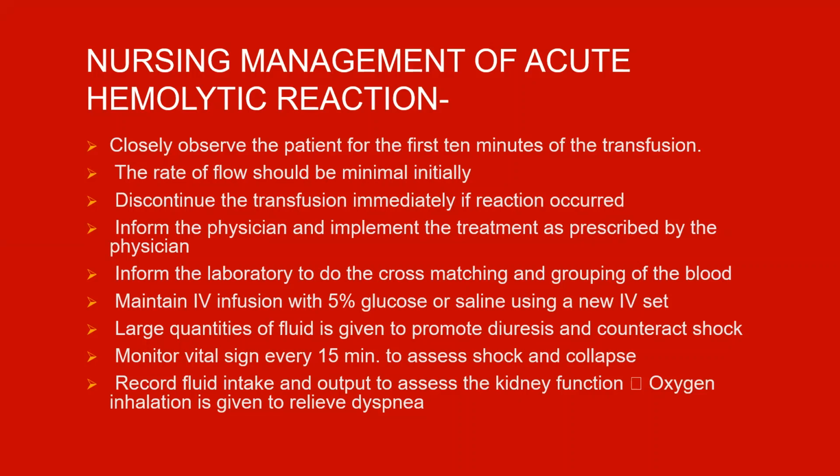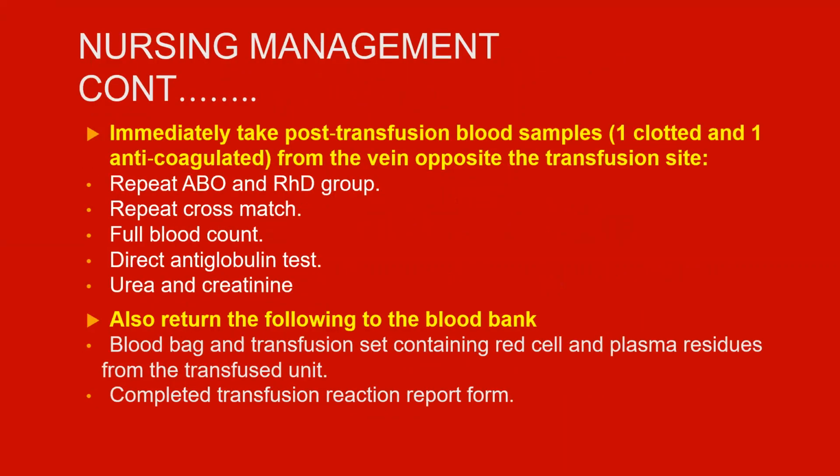Monitor vital signs every 15 minutes to assess shock and collapse, record intake and output to assess kidney function, and give oxygen inhalation to relieve dyspnea. Immediately take a post-transfusion blood sample, one clotted and one anticoagulated, from the vein opposite the transfusion site.